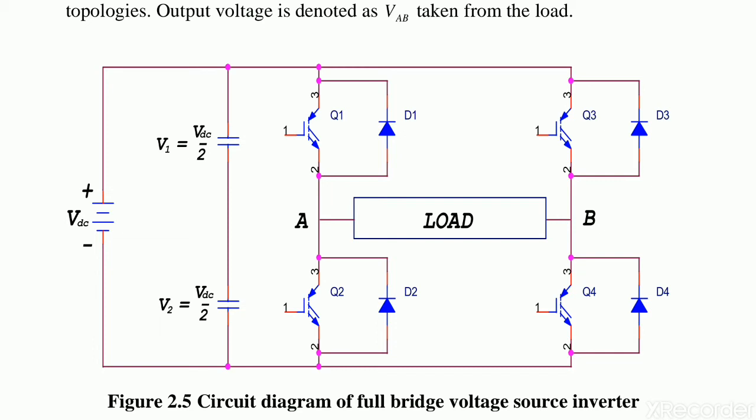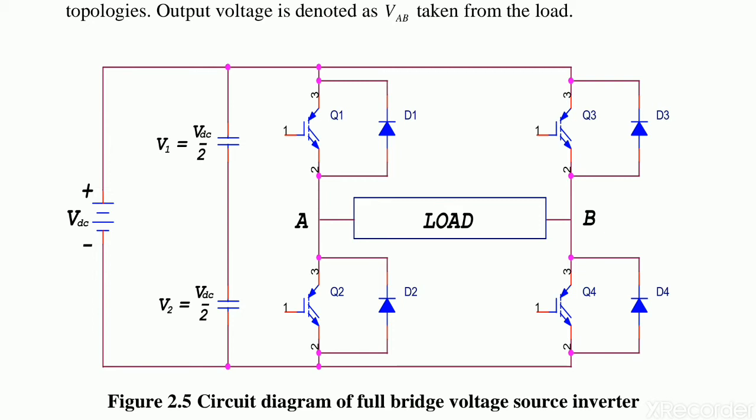These are for reverse current protection, or we can say protection diodes for the switches. IGBT switches are used. We can use SCRs also, depending on the application. And the load is connected between point A and point B.